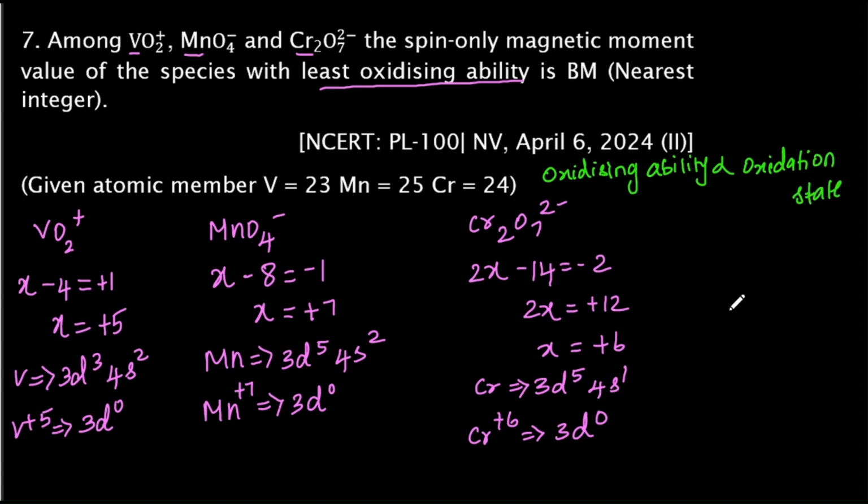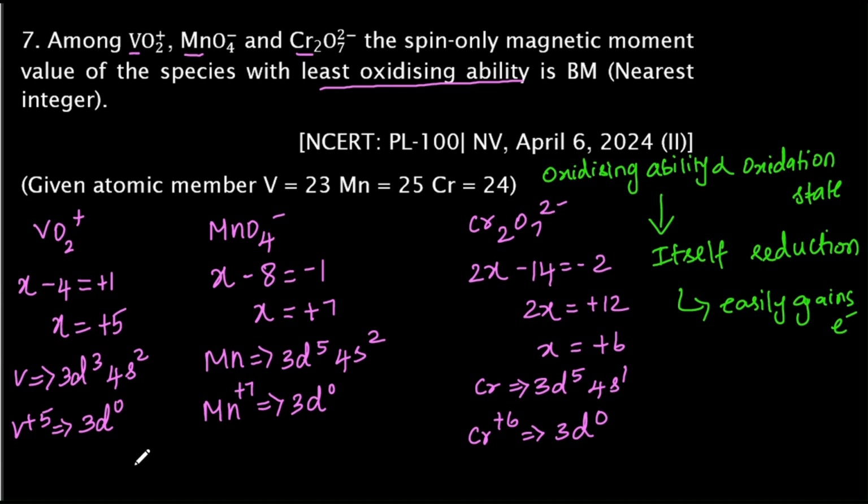That is, higher the oxidation state of the ion, higher will be the oxidizing ability. That is, the element should oxidize the other substance and itself it should be reduced. So what is meant by reduction? That is, it easily gains electrons.